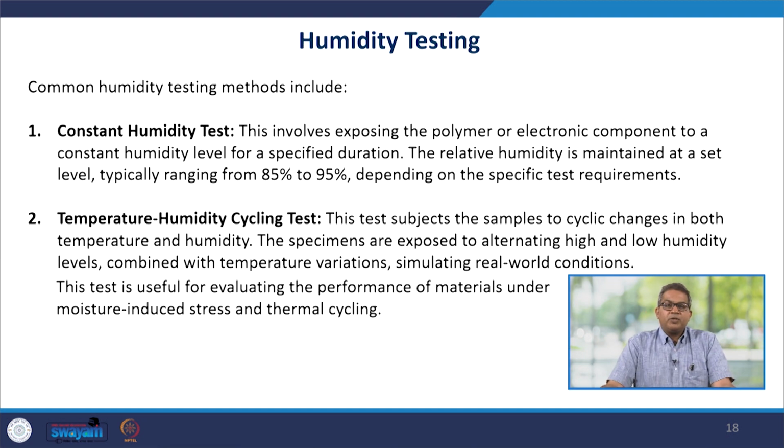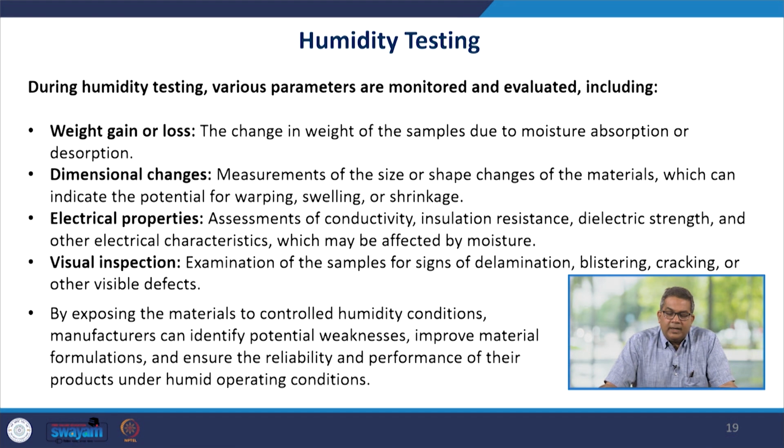And then the temperature humidity cyclic test. Here the samples are subjected to cyclic changes in both temperature and humidity, and the specimens are exposed to alternating high and low humidity levels. This test is useful for evaluating the performance of materials under moisture induced stress and thermal cycling.